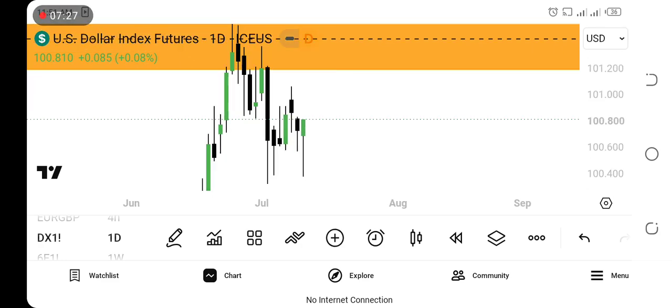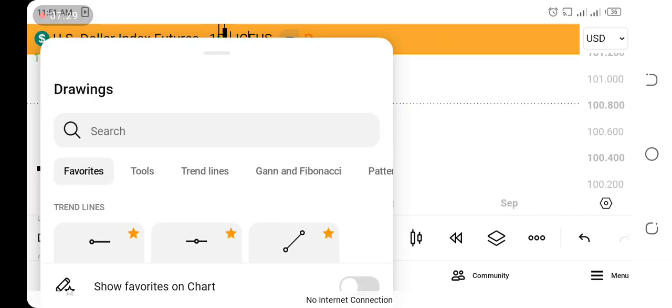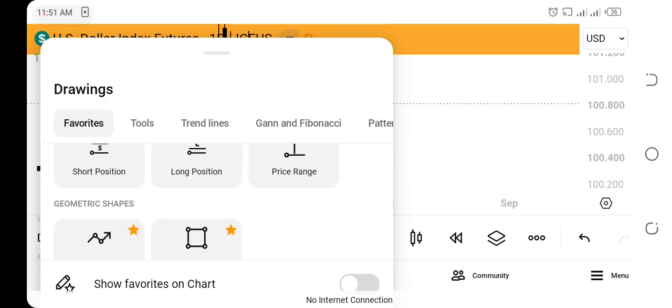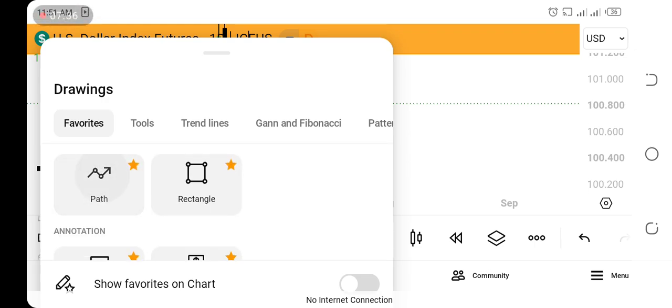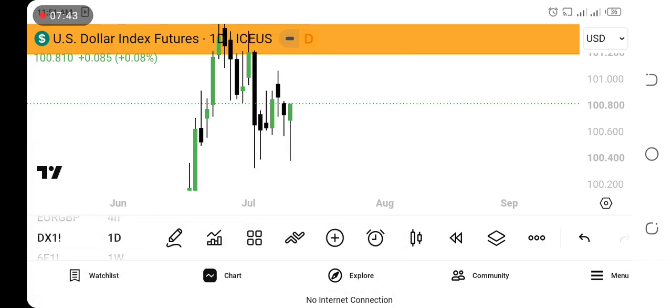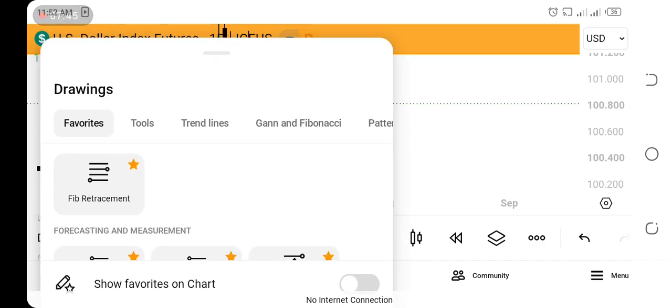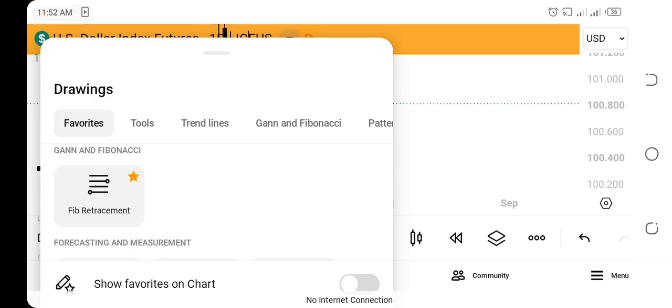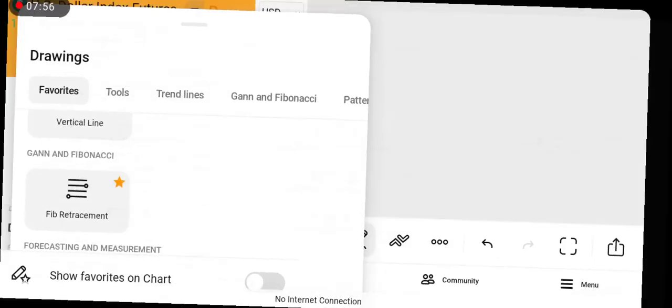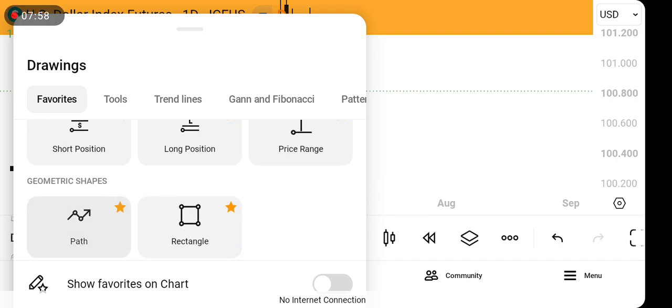Let's do mitigation block. I will need to draw this one out for you. Now, what is a mitigation block? Come on, man. What is a mitigation block?